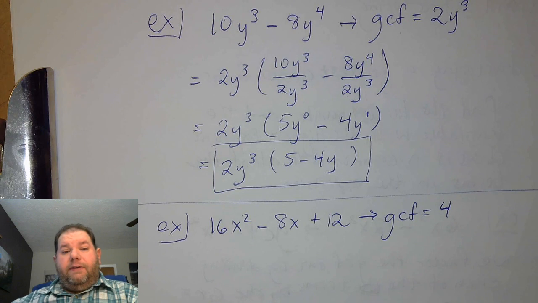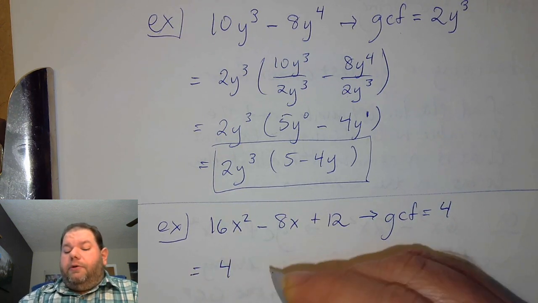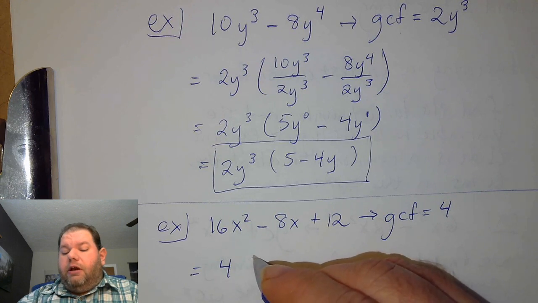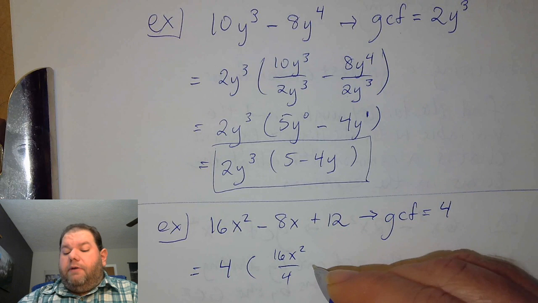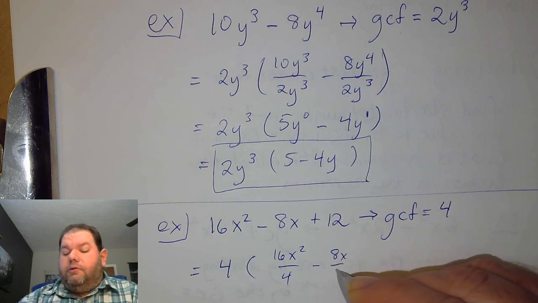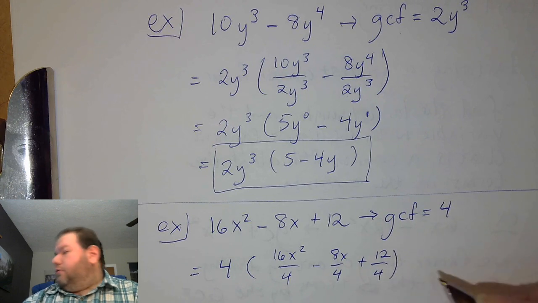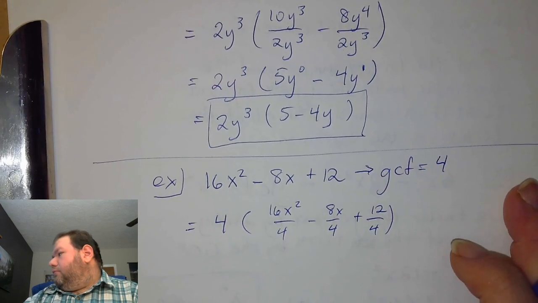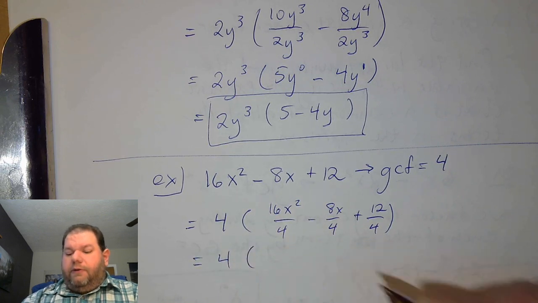So this one's a little bit easier with just a number. We know 4 is our common factor, and we're going to take each of these terms and divide them by 4. And so what is that going to give us?